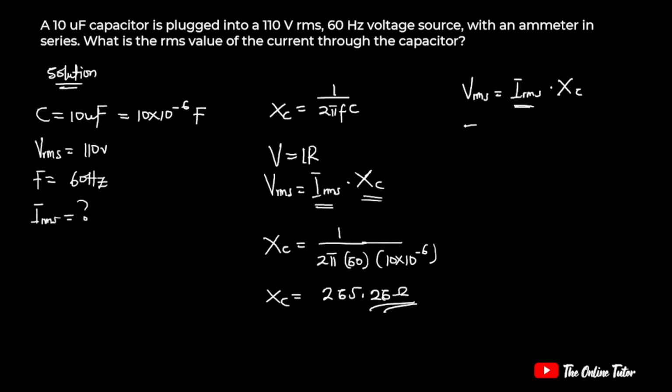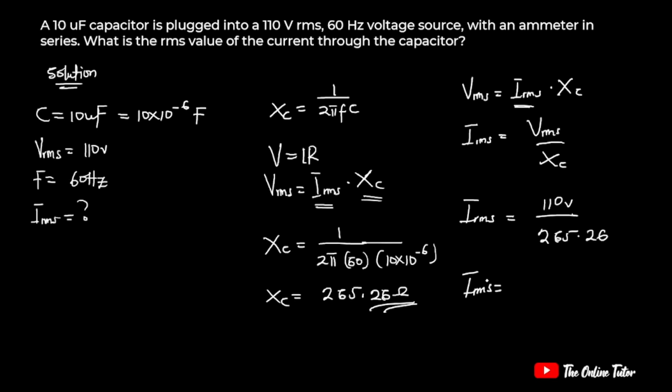So to find the root mean square current, we have the ratio of the root mean square voltage on the capacitive resistance. The voltage is 110 volts and the capacitive resistance is 265.26, so 110 on 265.26 gives us a current of 0.415 amperes.